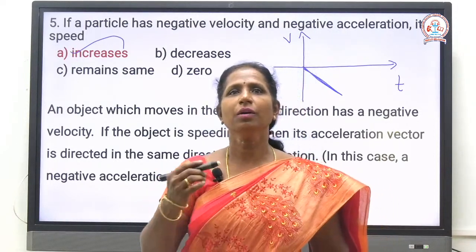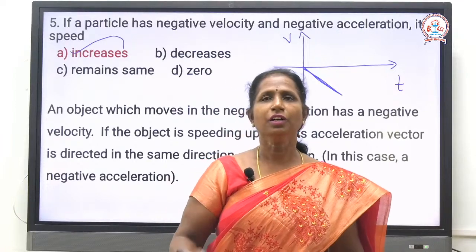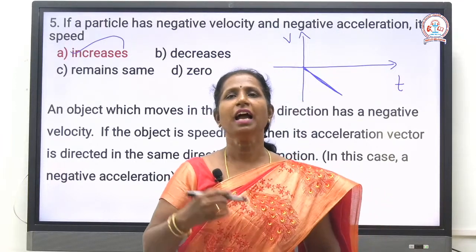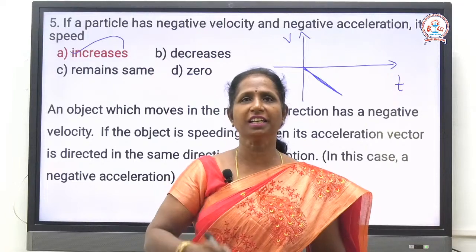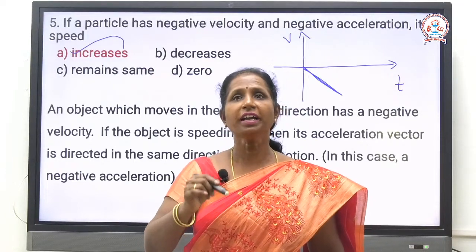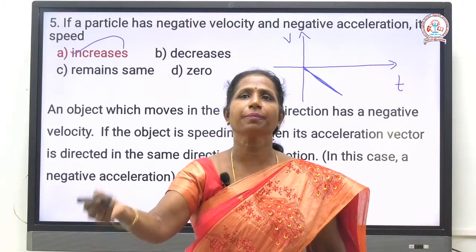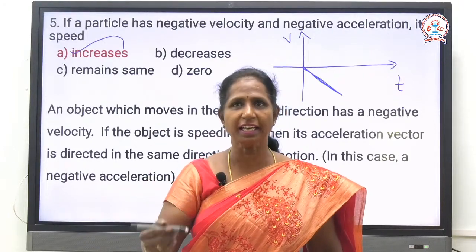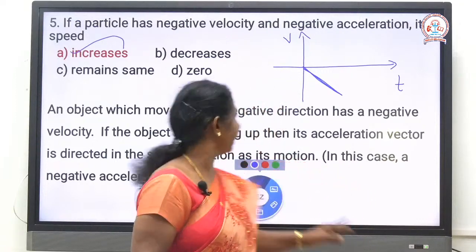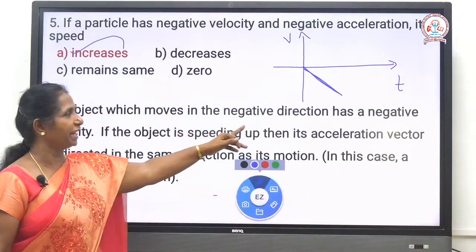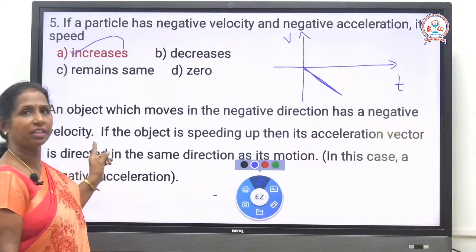So the option should be that speed increases. Don't think that since it is negative velocity and negative acceleration, speed is decreasing. Though it is negative, it is increasing. For the acceleration to increase, speed should increase. An object which moves in the negative direction has negative velocity.